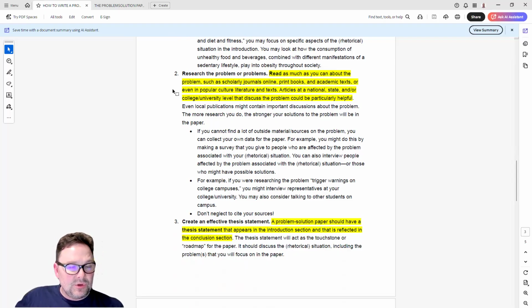And so it'll be up to you to choose which problem or problems, plural. Again, you don't have to pick plural, but if there are a couple of problems, I don't know, two or three that you want to write about associated with your situation, that's fine.